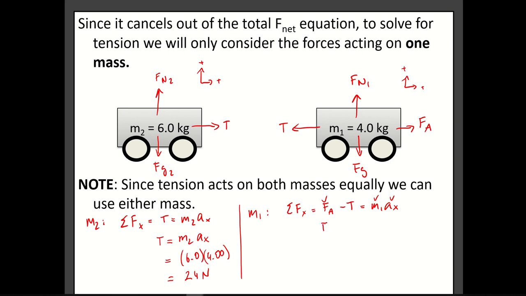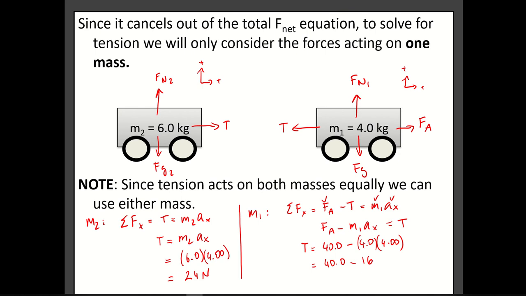So we're left with FA minus M1A equal to T. Okay, so let me write the T on the left side and plug in the FA value, which was 40.0, minus M1, which is 4.0, times the acceleration of 4.00 meters per second squared, and that's going to leave us with 40 minus 16.